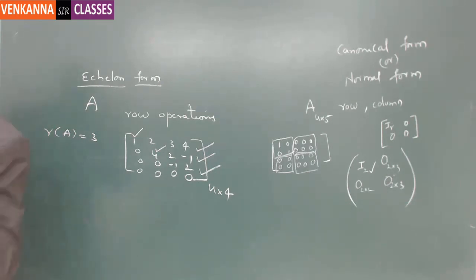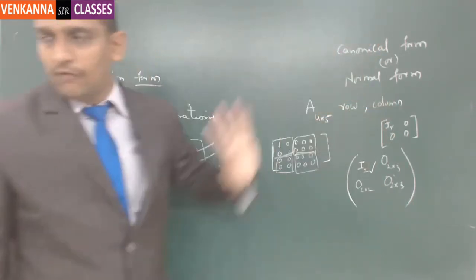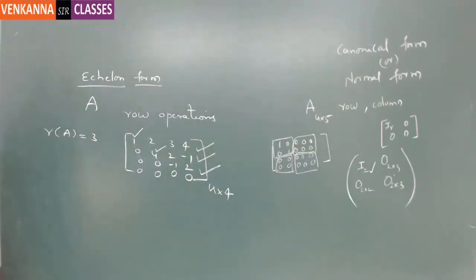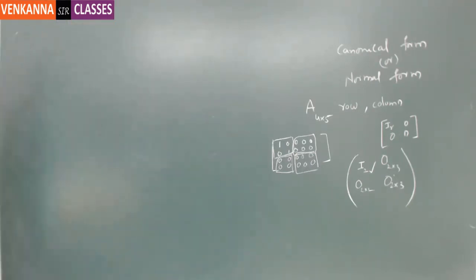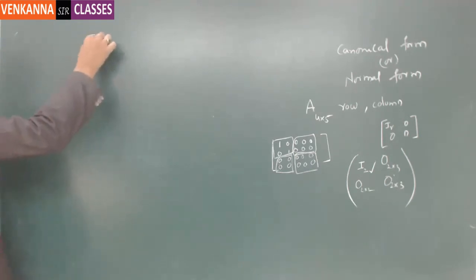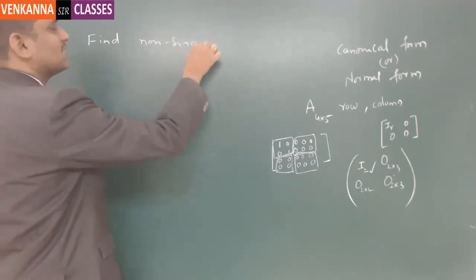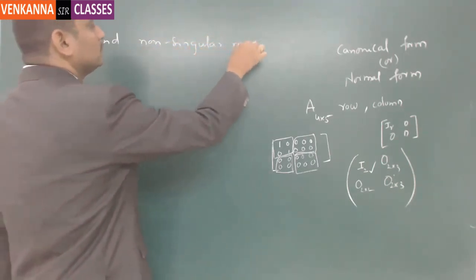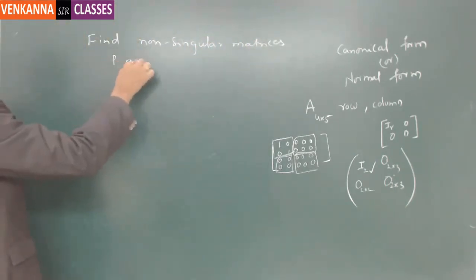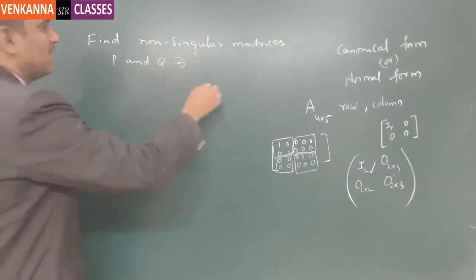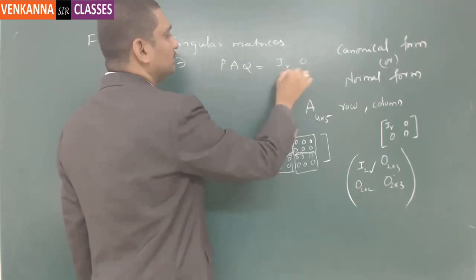And there is one interesting question framed on this canonical or normal form: find non-singular matrices P and Q such that PAQ is equal to [I_r 0; 0 0].